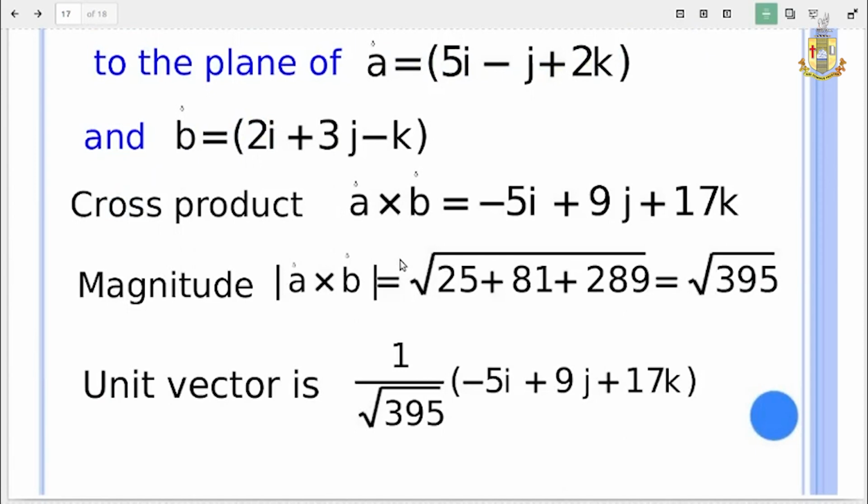So it is A vector cross B vector divided by modulus of A vector cross B vector. Finally we get the answer as minus 5i plus 9j plus 17k vector divided by root of 395. So this is the unit vector.